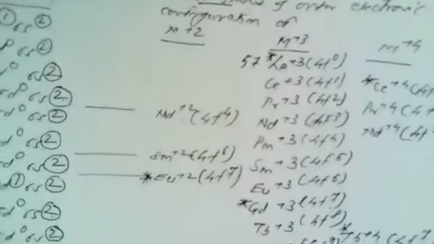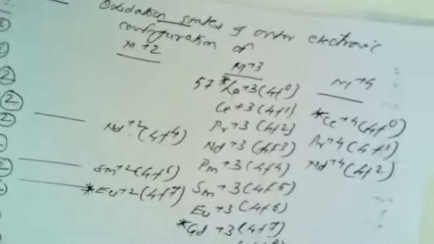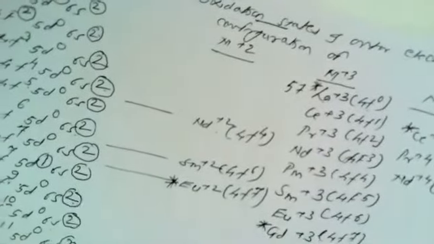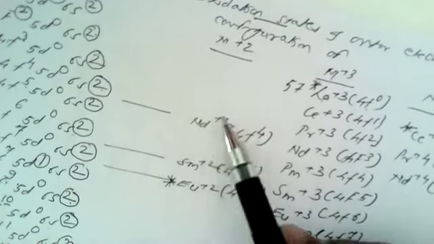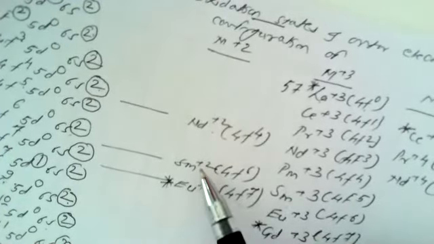Now, just now we have seen that these elements do display a lower oxidation state of +2, and a higher oxidation state of +4. So these members have +2, plus neodymium +2 and samarium +2.